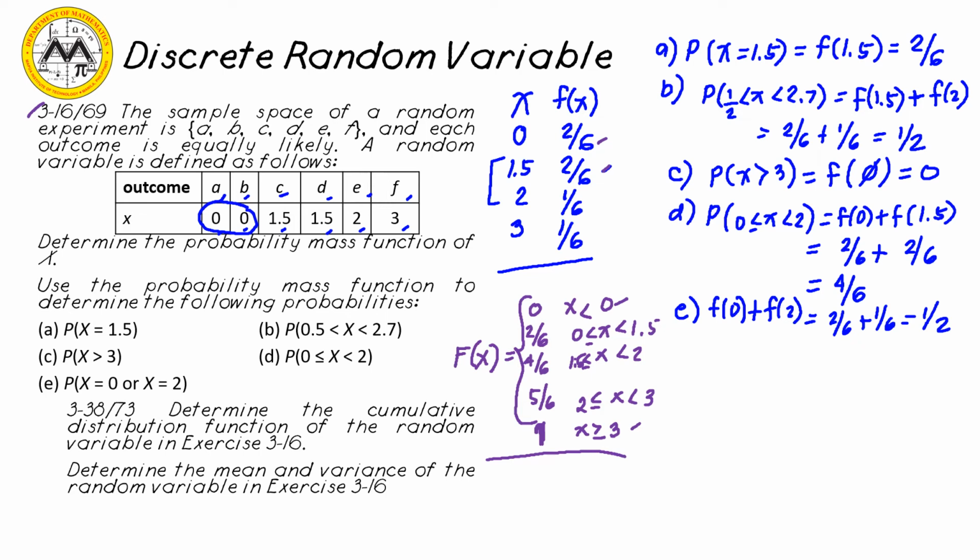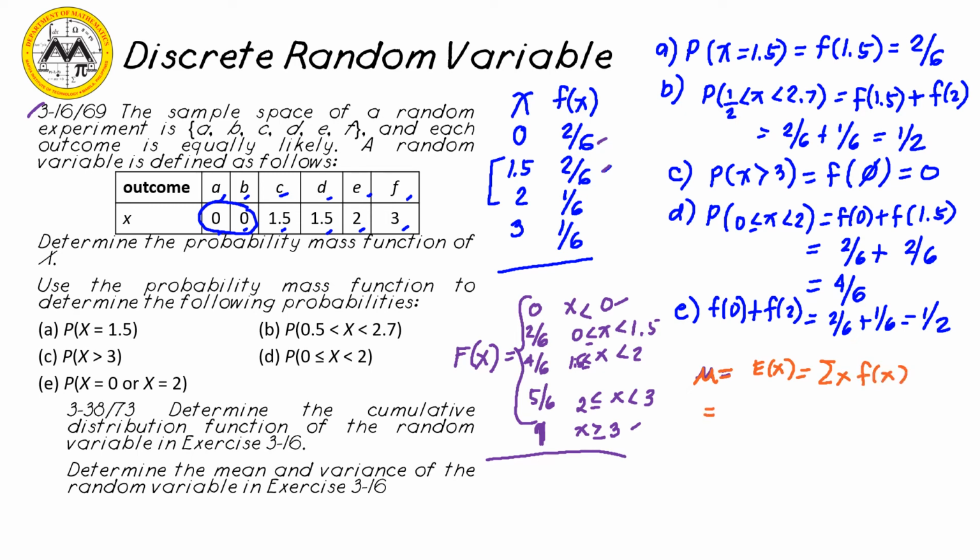Now let's have mean and variance. For the mean and variance, the mean is the expected value of x, which is equal to the summation of x times f of x.